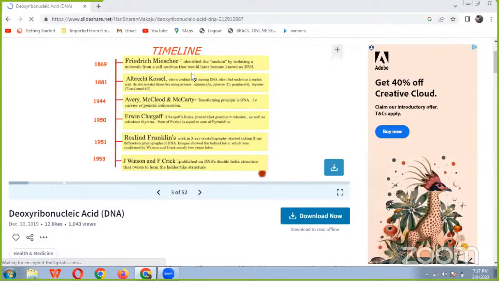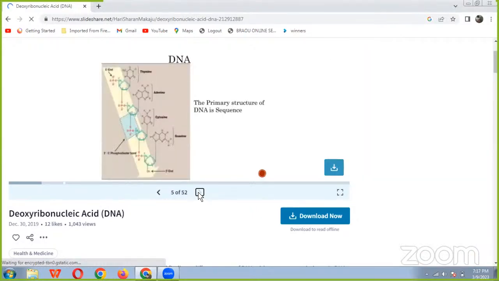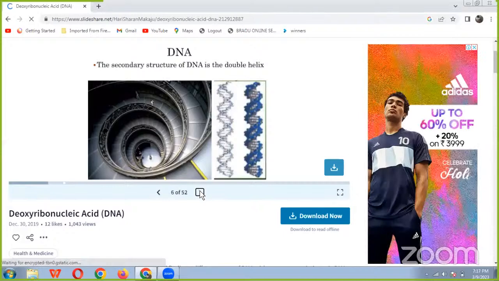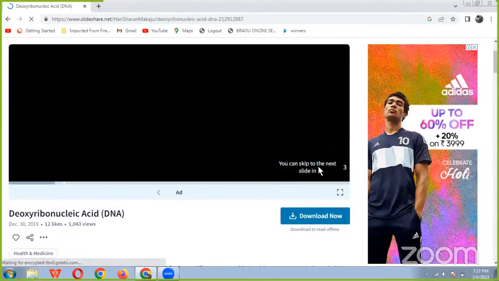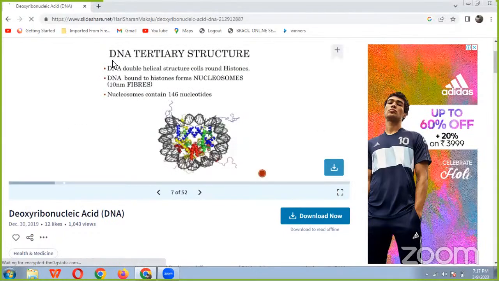Mainly, the Watson-Crick model of the DNA structure.